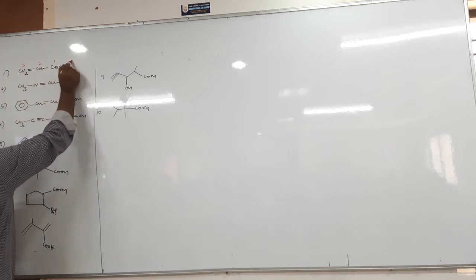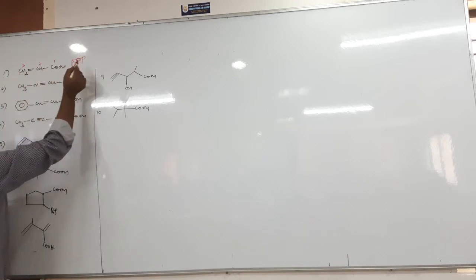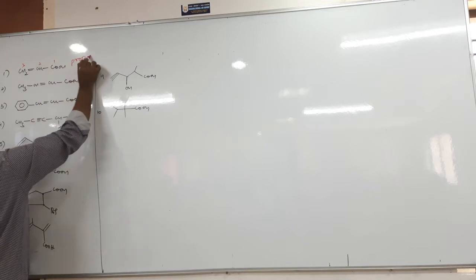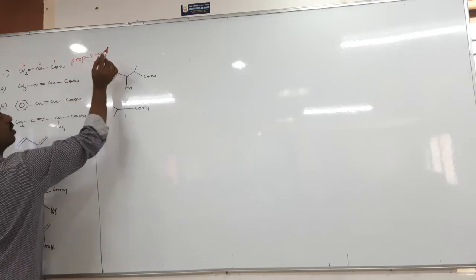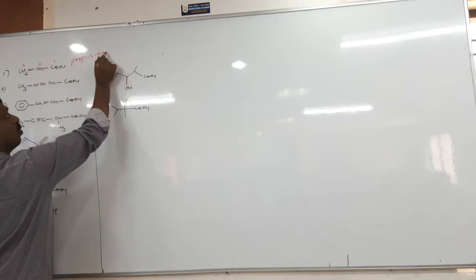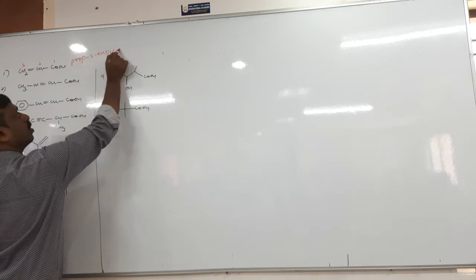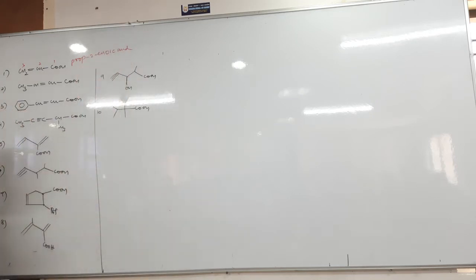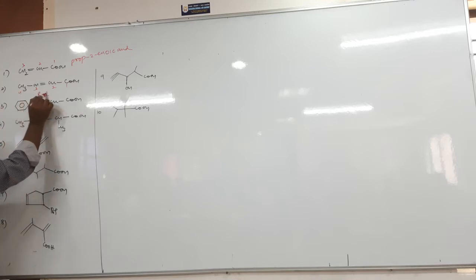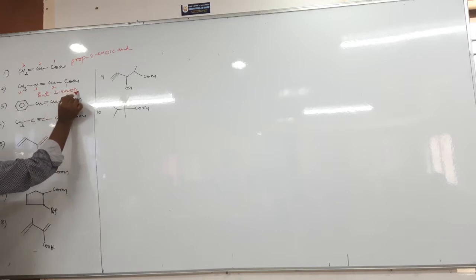It is a propene, 2-enoic acid, no? So 2-enoic acid. Second one 1, 2, 3, 4. It is a butene, 2-enoic acid.